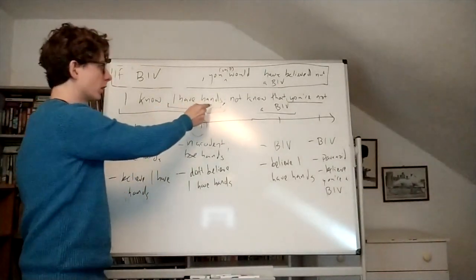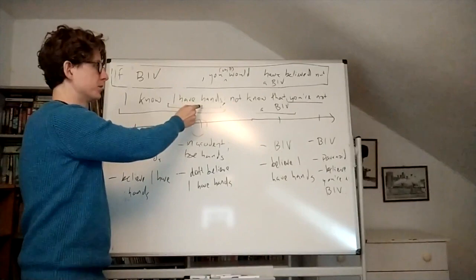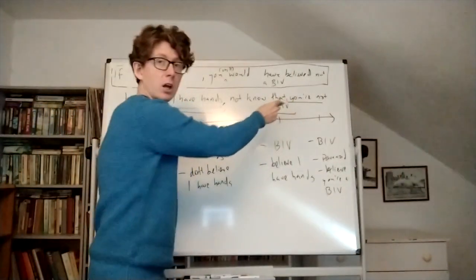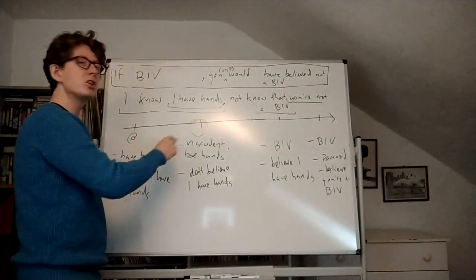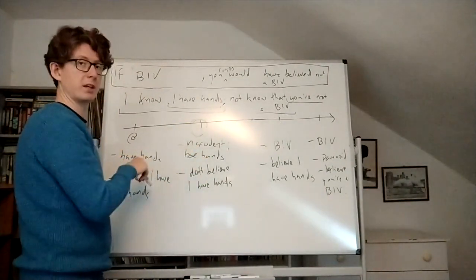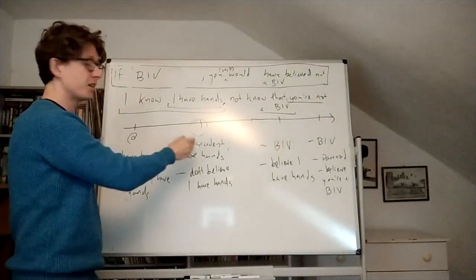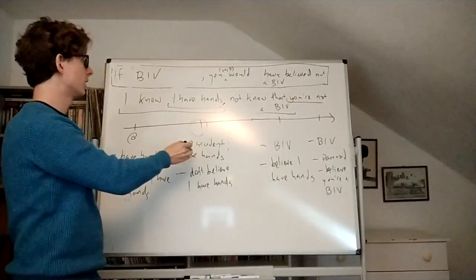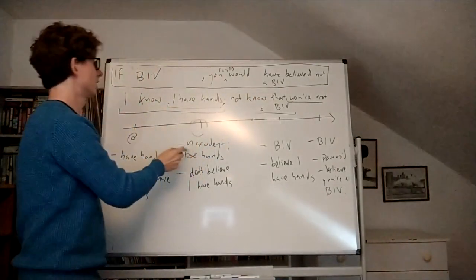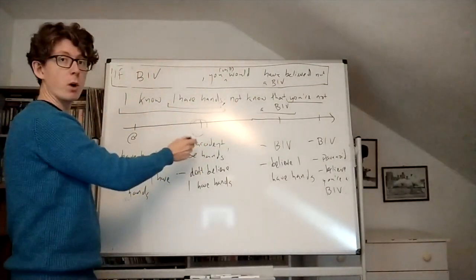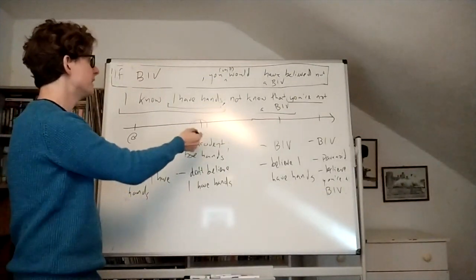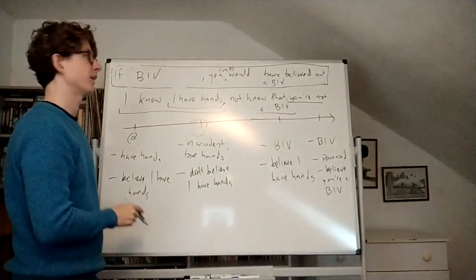But now that we're no longer thinking about knowledge of the ordinary proposition, now that we're thinking about knowledge of the heavyweight proposition, we actually are not looking at this world anymore. Because this is not a world where it's false that you're a brain in a vat. This is not a world where you are a brain in a vat. So it can't be the most similar world where you're a brain in a vat.